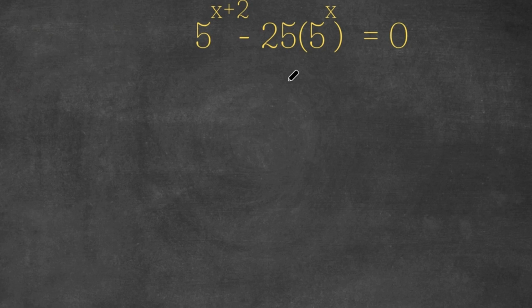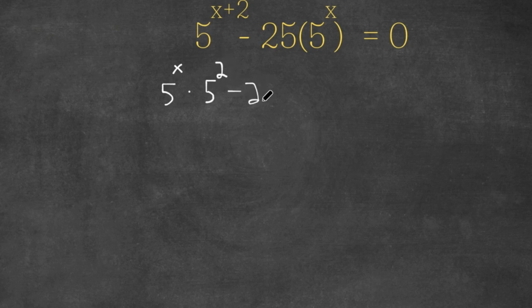And our first step is to shorten this equation down a bit. As you can see, we have two 5 to the power of x's here. And 5 to the power of x plus 2, we could rewrite as 5 to the power of x times 5 to the power of 2.